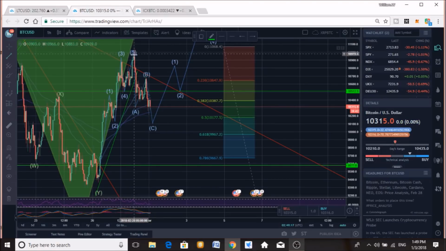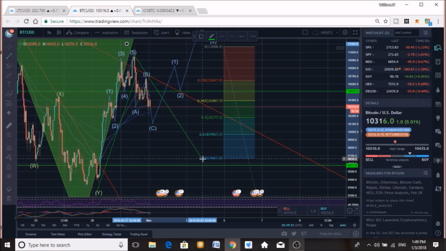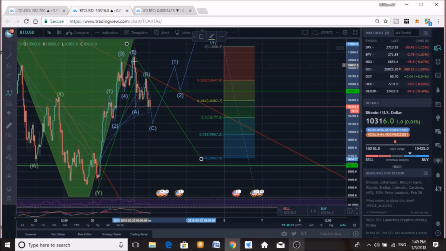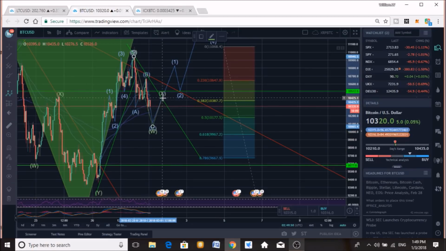That's our peak of wave 5, and if I connect something like this, roughly, we will probably have something between WXY or WXYXZ. So this ABC can turn into a W, and then maybe our X, and then maybe our Y, and then maybe another X, and then maybe our Z.